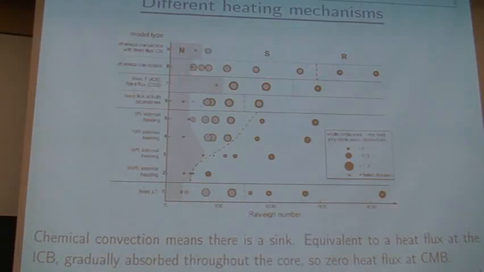There again is the dipolar dominated regime, there's a critical Rayleigh number, and there's the reversing dynamo regime. So the only one which is really different from the various thermal boundary conditions is this one here, where if you put in a lot of heating, you can see that this dipolar region starts to disappear. So if you go up to about 100% internal heating, then you won't actually find this nice dipole-dominated regime.